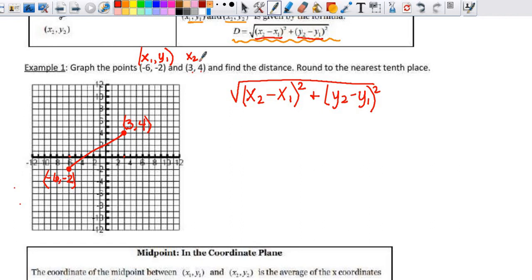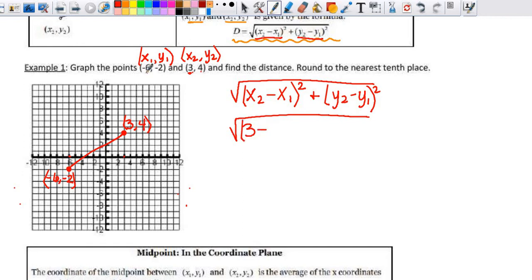So x2, comma, y2 for our second coordinate. Now that we wrote out our formula right here, let's just go ahead and plug in where it tells us to. So I will put that big square root all the way across. Then my x2 is right here. It is the 3. Make sure I put that parenthesis in there.